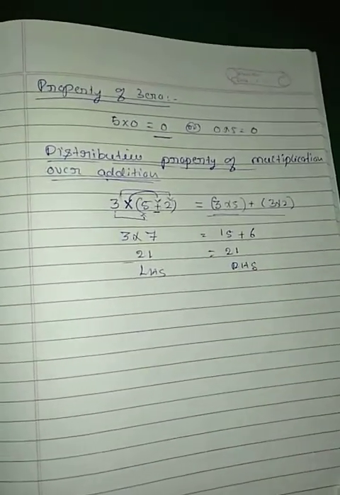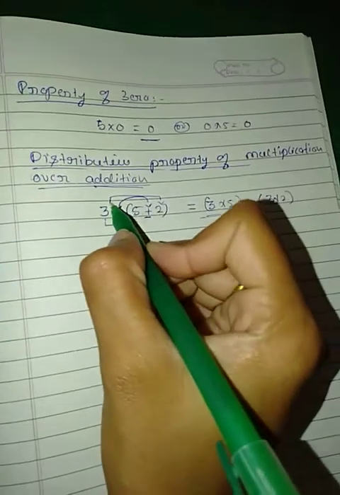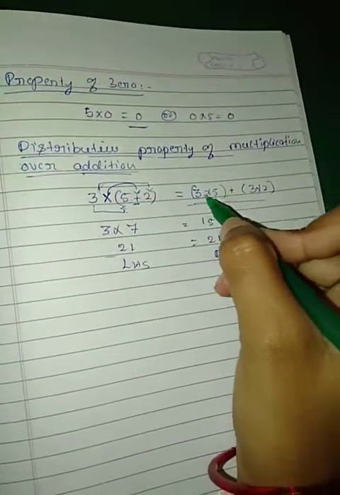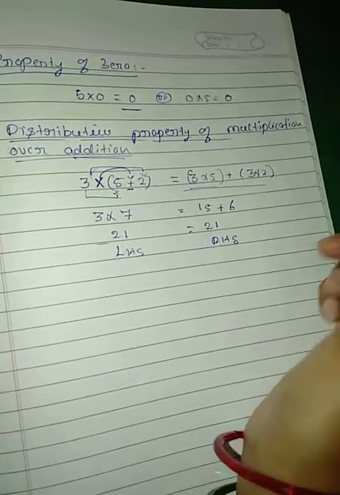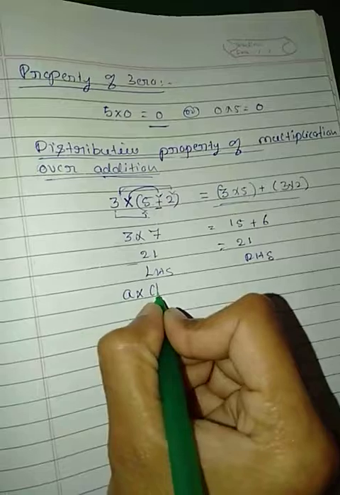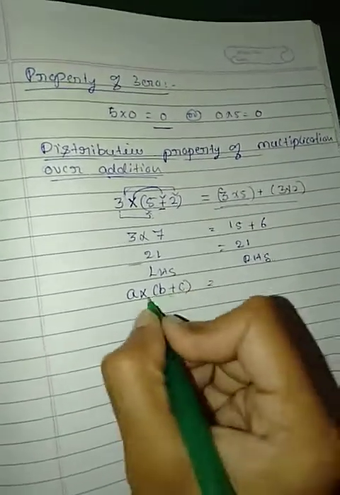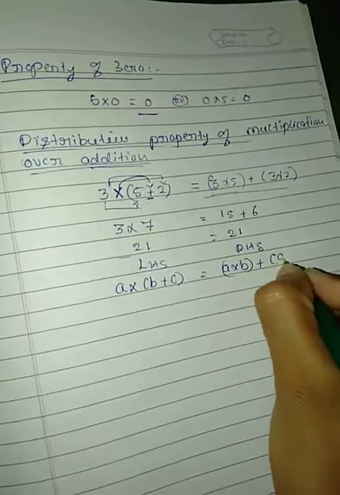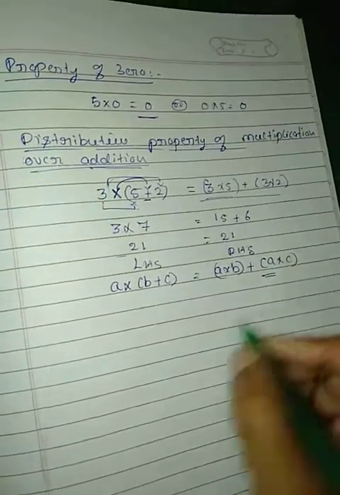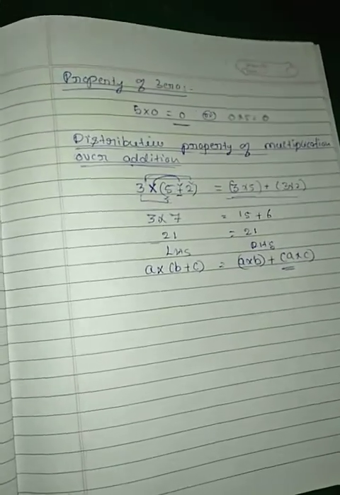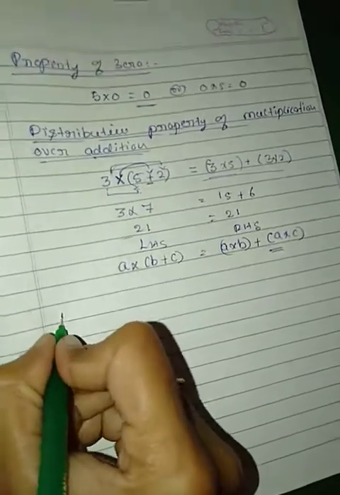The distributive property is nothing but 3 being distributed between these two numbers, like this: 3 into 5 plus 3 into 2. In general, we can write it as A into B plus C. Here A is distributed with B and A is also distributed with C. This is the general form.